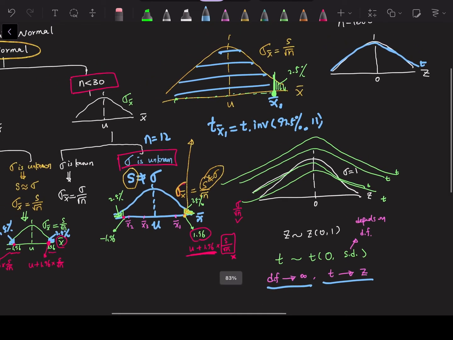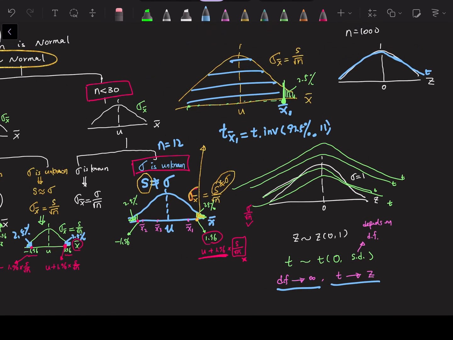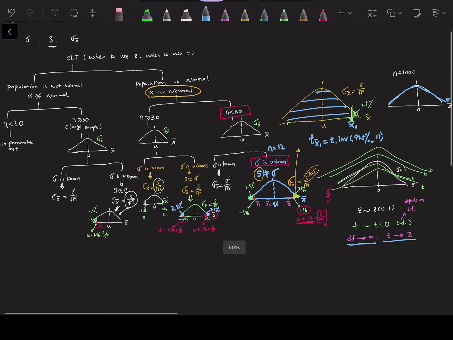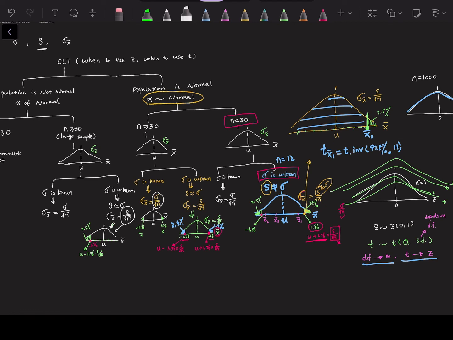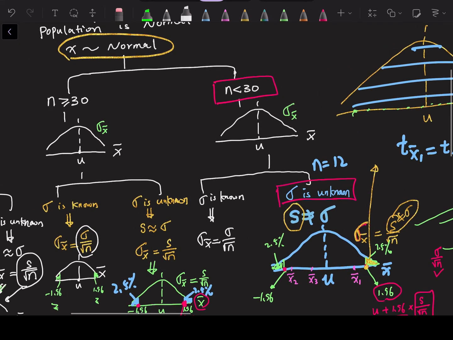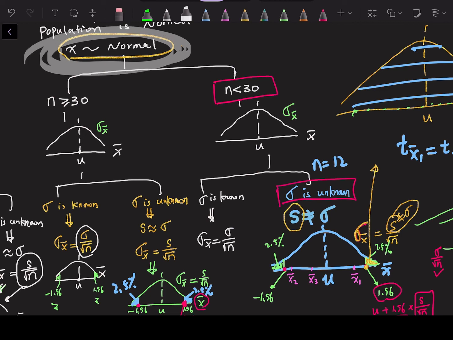That's why the t test and z test don't make much difference if n is large enough. So in sum, the reason we use the t distribution is that the sample is small and sigma is unknown.